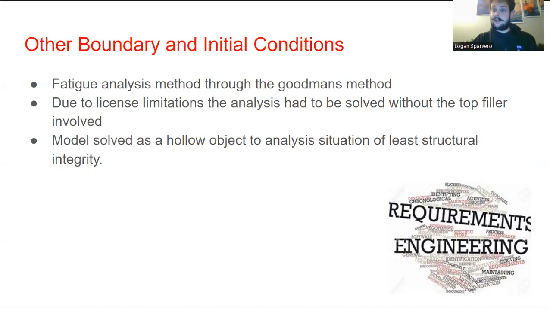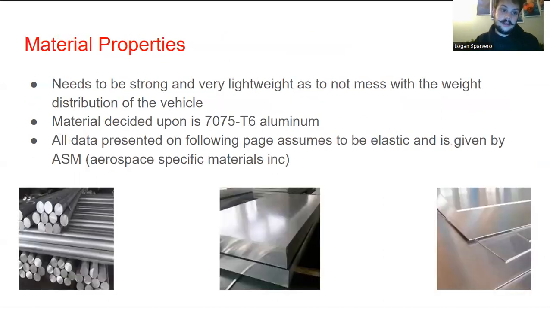So that was replaced with a flat piece of aluminum to aid in the analysis, because my license would not allow me to do an object with that many nodes and elements. It was solved as a hollow to show the analysis of the situation of least structural integrity, in addition to the fact that modeling fluids in ANSYS is a pretty difficult and complex process.